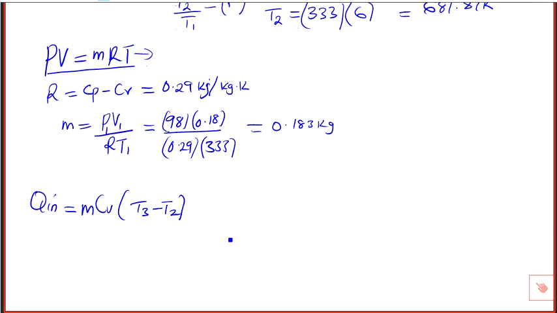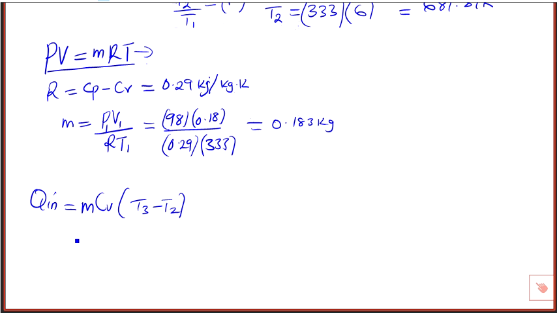That is the change in temperature during that process. Now we have the value of m here as 0.183, multiplied by Cv, which is not 1 point but 0.71, and this one is T3 minus T2.